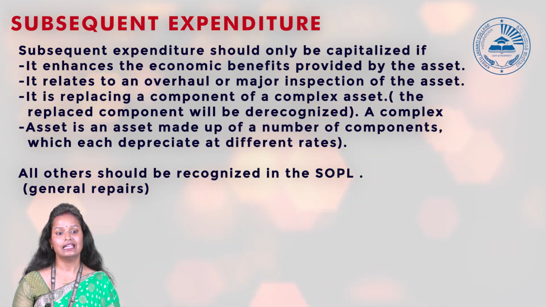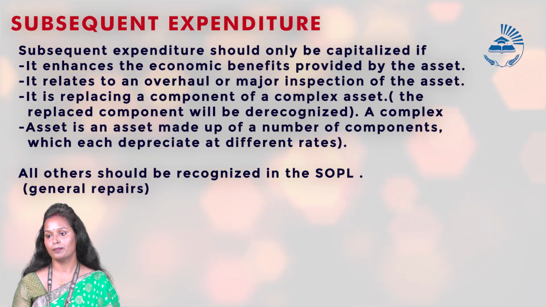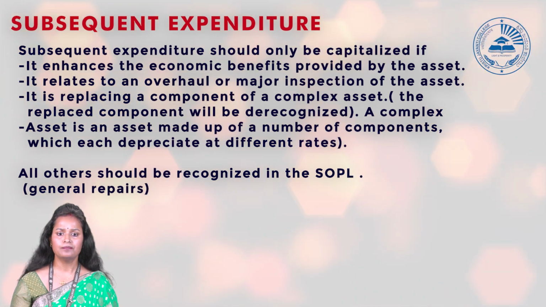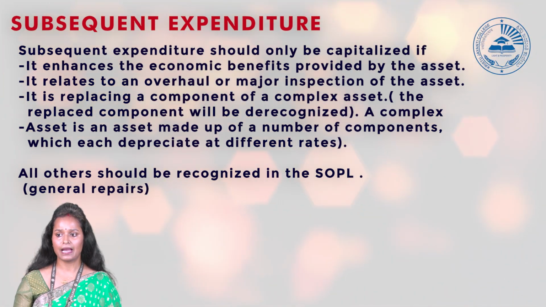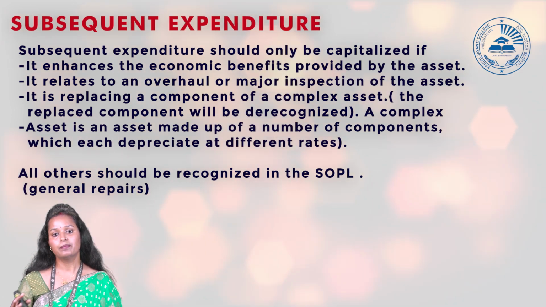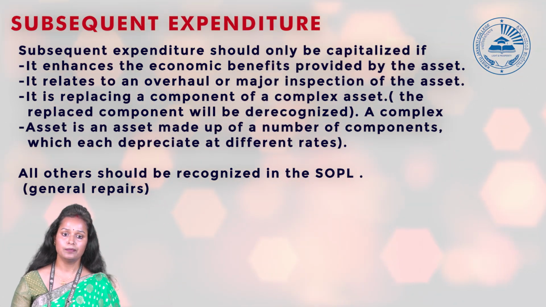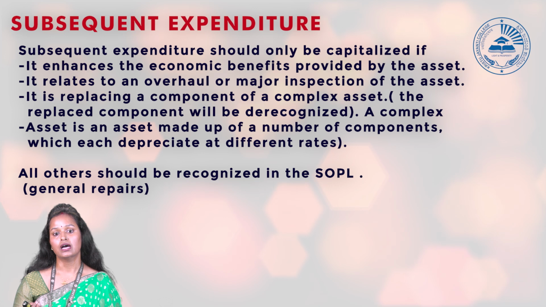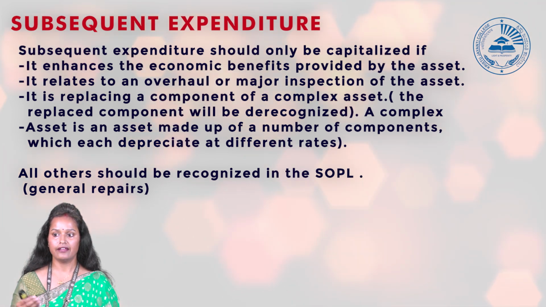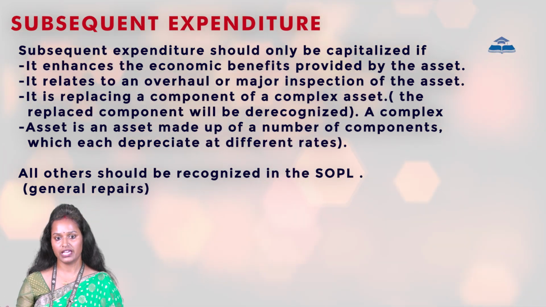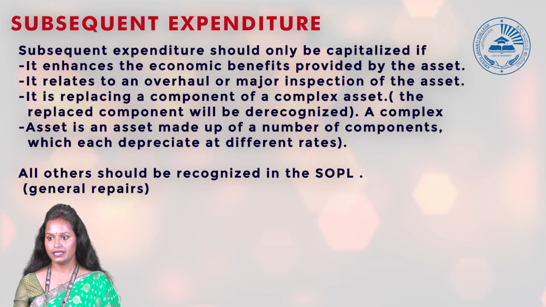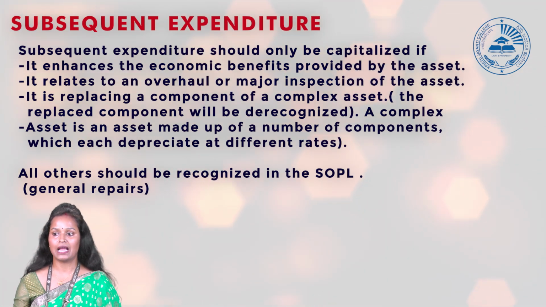Then next is replacing a component of a complex asset. Okay, just as an example, say you have a big plant. As we know, if the plants are very big, it is not necessary that every year the whole plant will change.